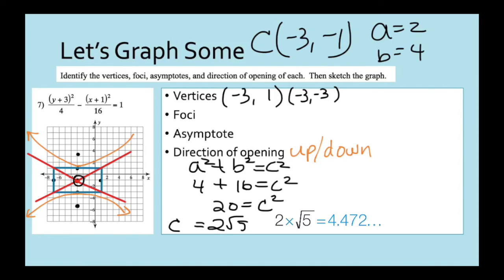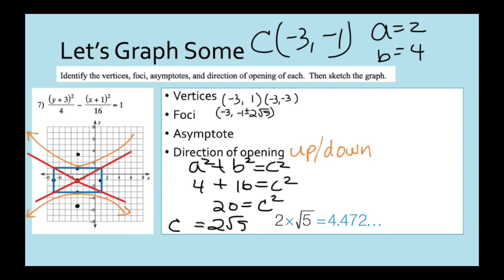We started off at -1, and we're going up 2 square root of 5, and we're going down 2 square root of 5. So our foci are at -3, comma, -1 plus or minus 2 square root of 5.